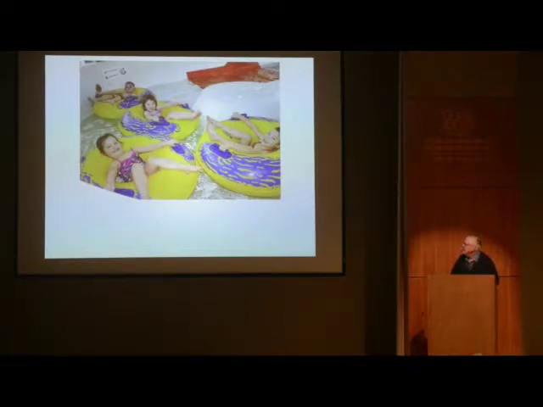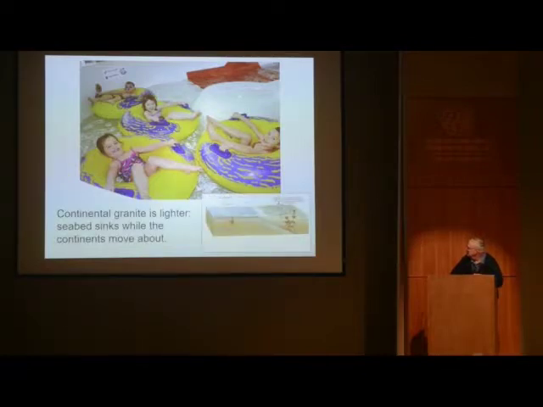A lot of the rocks on the continents go back half or even maybe two-thirds as old as the planet itself, never really getting recycled back in. So anyway, some analogies there.